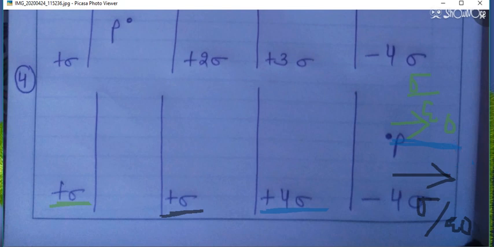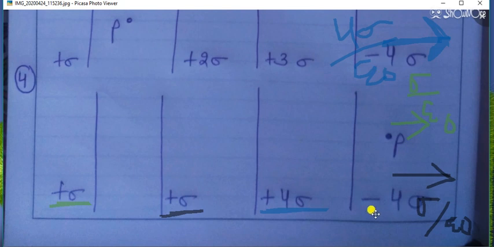Wait for 1 minute. Okay, clear. In this direction I am writing it at the top because I have to add, and to understand this, that's why I have taken these vectors at different positions so that you can easily understand. So its magnitude will be 4 sigma by epsilon naught.